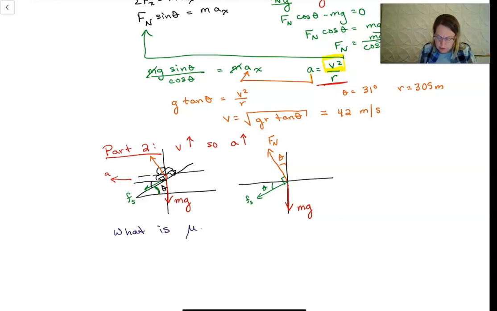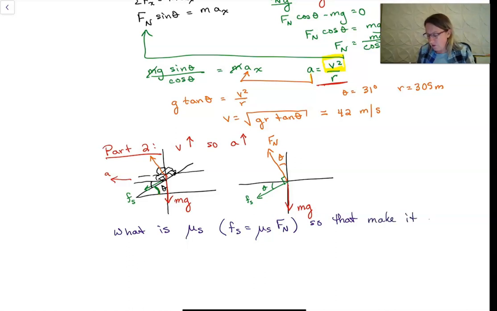So what is our mu sub s, where we have F sub s equal to mu s times force normal. That's our maximum value for this friction, so that we make it around the curve. In other words, so that this force diagram works, and we're still looking at static friction.